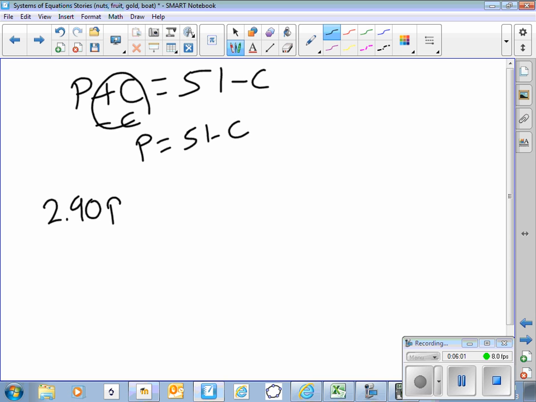$2.90 times the pounds of peanuts plus $4.60 times the number of pounds of cashews equals $178.50.